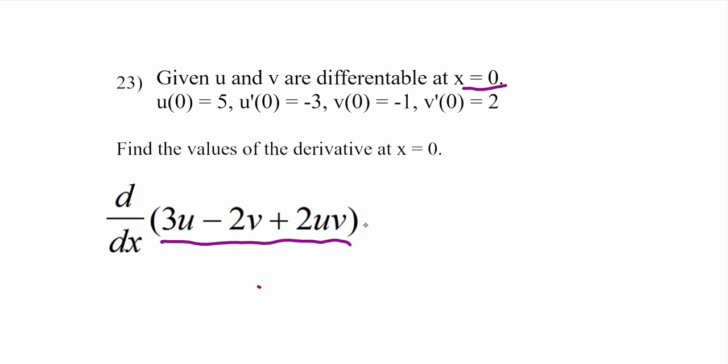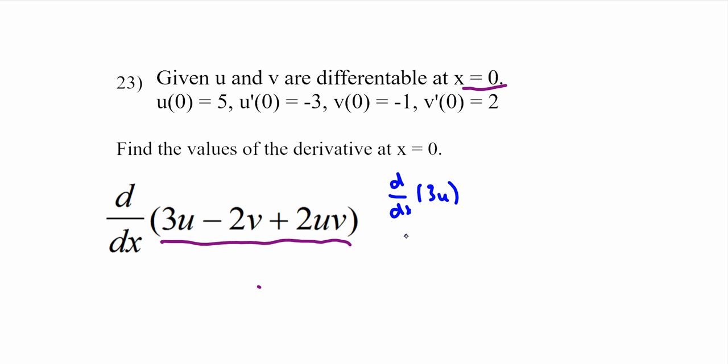Okay, so if you are done pausing it, you've tried it. The first thing is we're going to take the derivative of each one. Now, the derivative with respect to x of 3u. We're going to take each one of these individually.